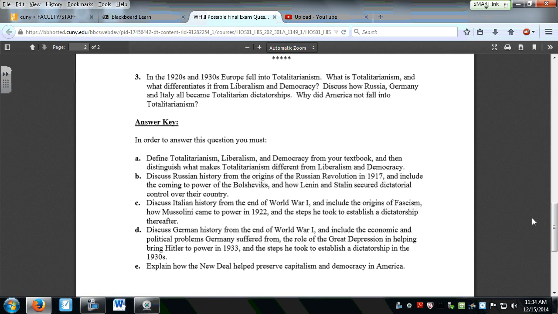What did he do between 1922 and 1929, where he was able to wipe out parliament and democracy in Italy and become the fascist dictator of Italy? What did he do? What laws were passed? What did he do to his political enemies? What did he do to get the people to support him?